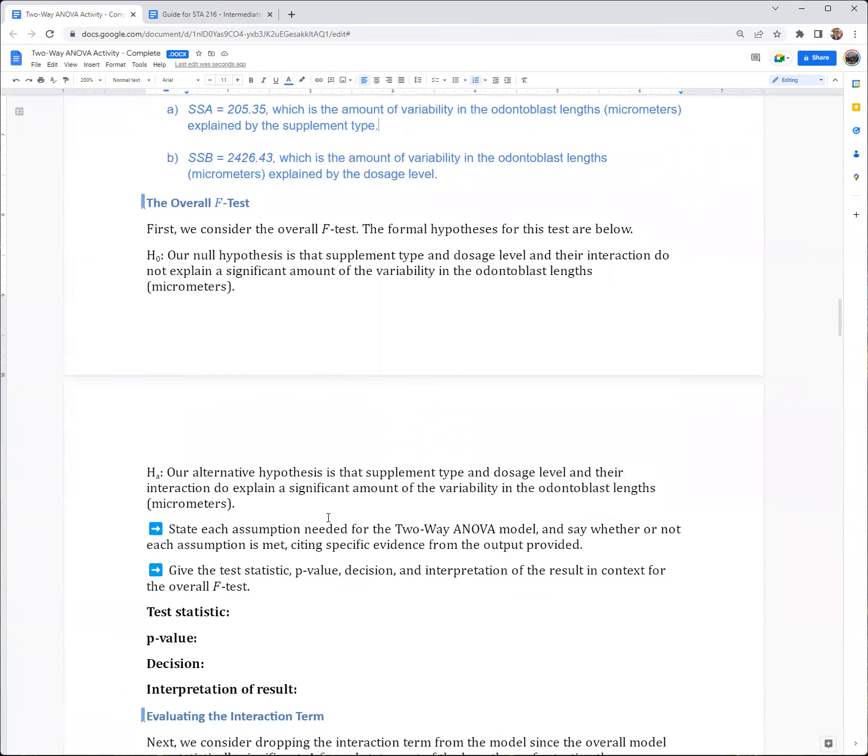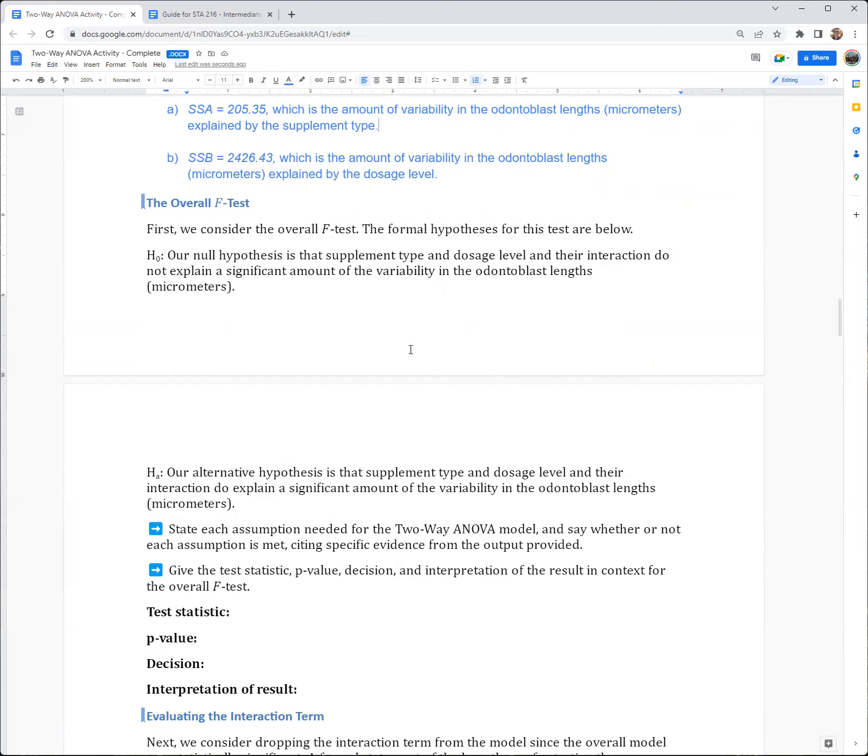A big first step in the two-way ANOVA modeling process is to look at the overall F-test for the model. In this case, for the guinea pigs example with the vitamin C, the symbols get a little more complicated, so we'll give the null hypothesis in words.